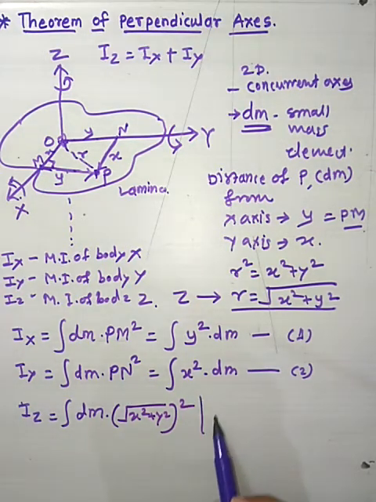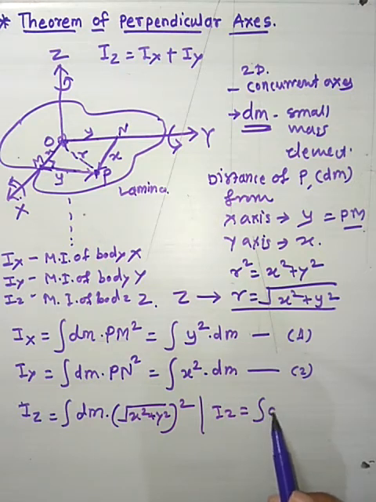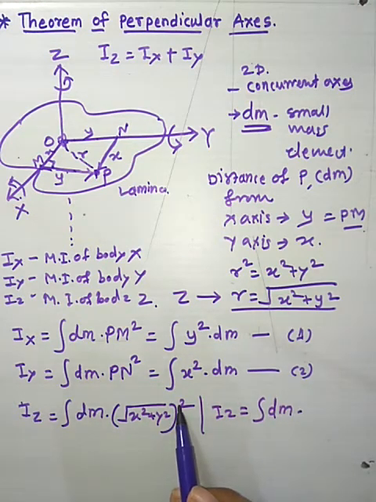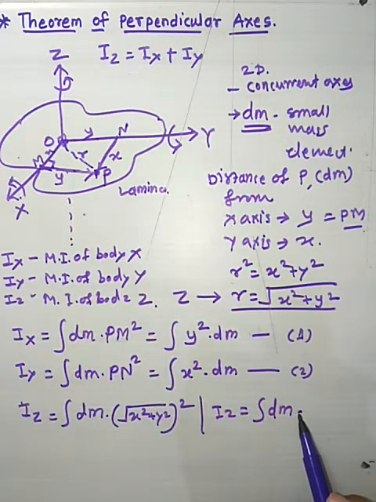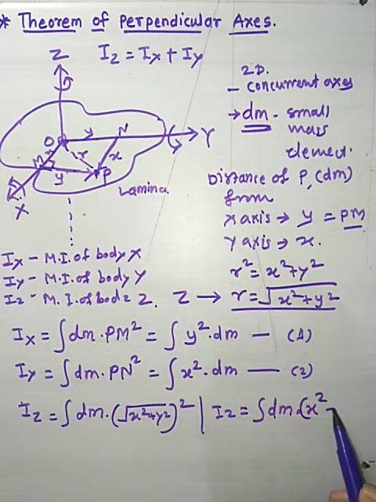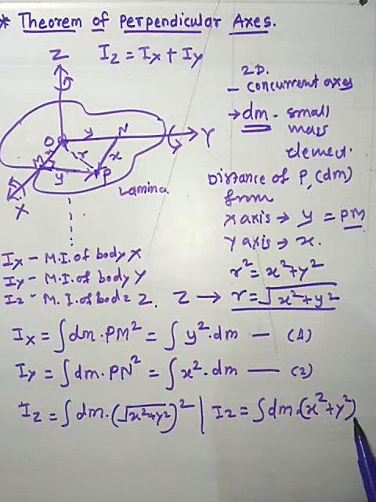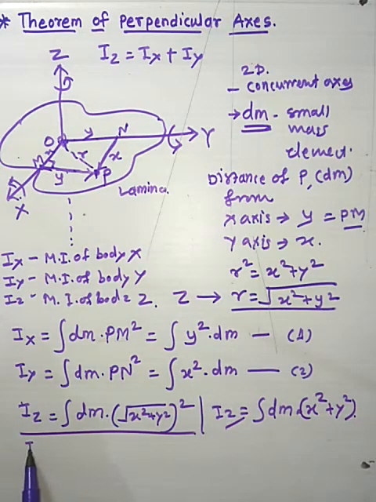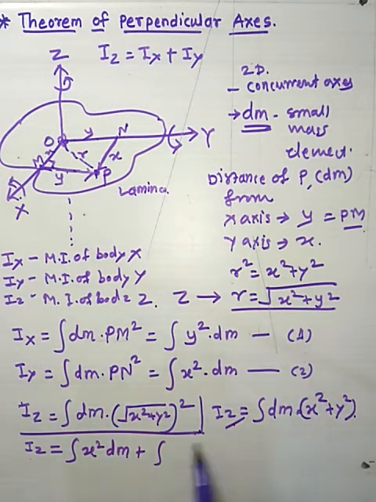So again Iz is equal to the integration of dm into, square root and square get cancelled, and we simply get x square plus y square. So by solving this equation, Iz is equal to the integration of x square dm plus the integration of y square dm.